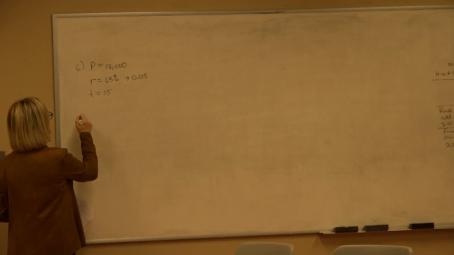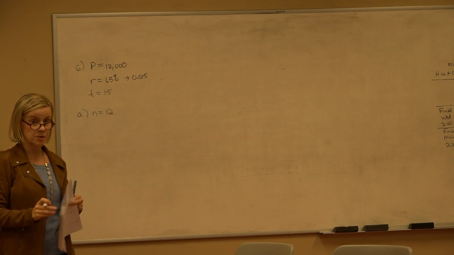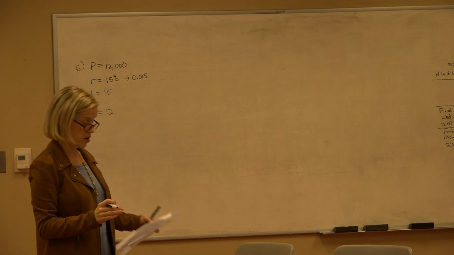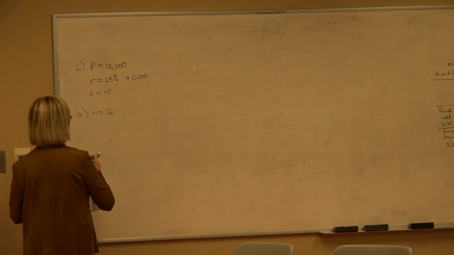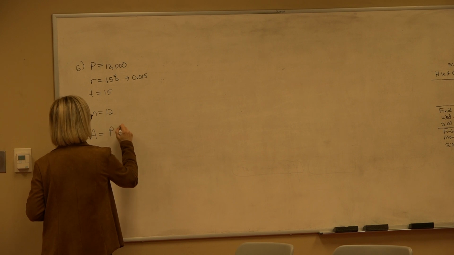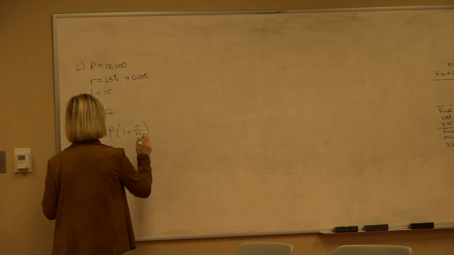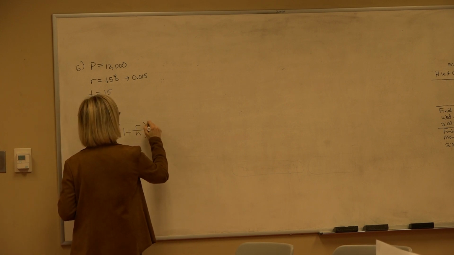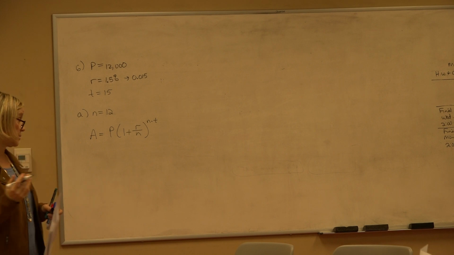So question A, compounded monthly. That means the number of compounding periods per year is 12 per year. And so with periodic compounding, you're going to use this formula, A equals P times 1 plus R over N, to the power N times T. So you have to know that formula.